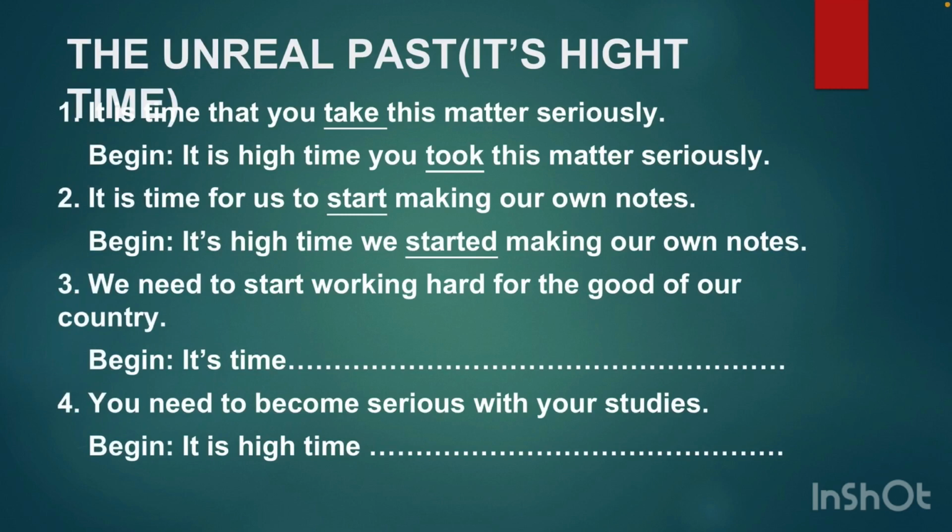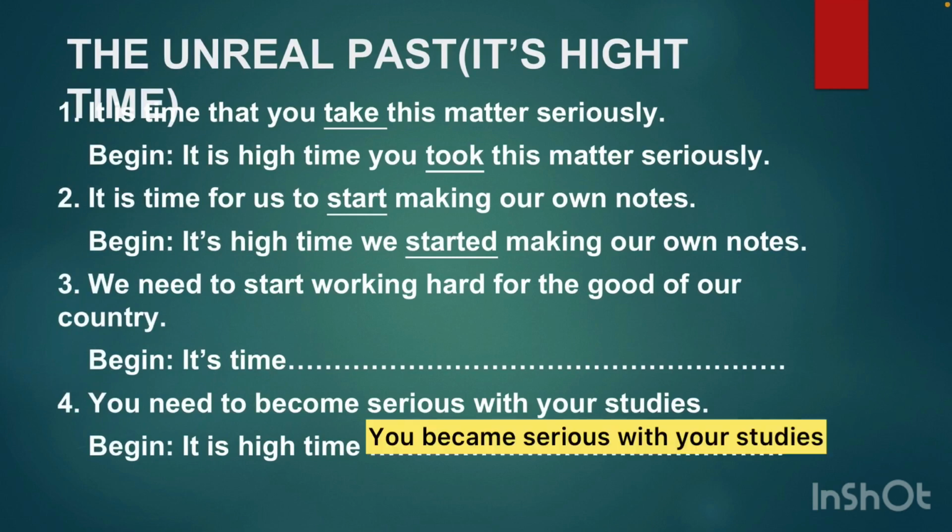So it is high time you became, very good. It is high time you became serious with your studies. So what you just have to know is that here you are starting with a pronoun, which is the main subject, and then you put the main verb in past tense.